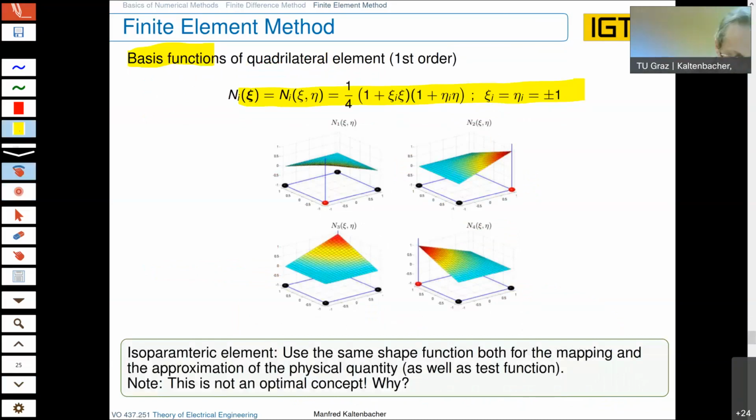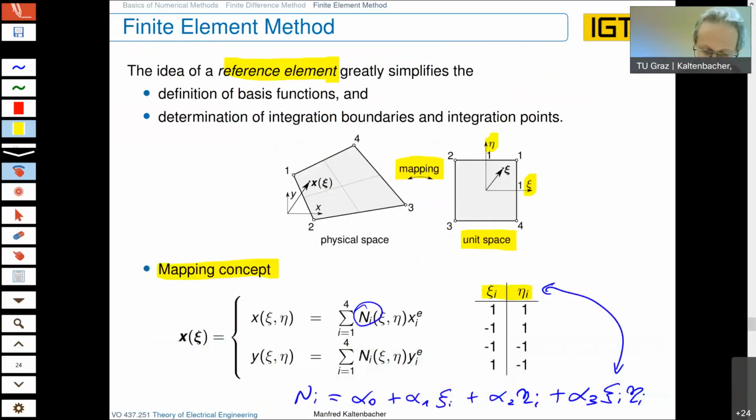And as I have told you, you call these isoparametric elements because these mapping basis functions Ni we will now also use, because they have this local support, for the approximation of the unknown physical quantity U. Okay, so now we have this machinery, and now we should go into some details of how we really do this transformation for the term in the integral, so that we can integrate over the unit space, over our reference element as shown here.